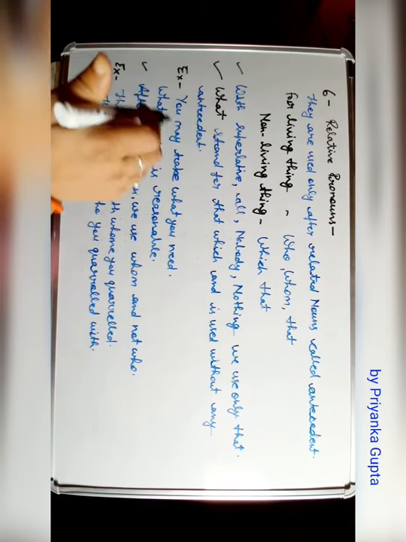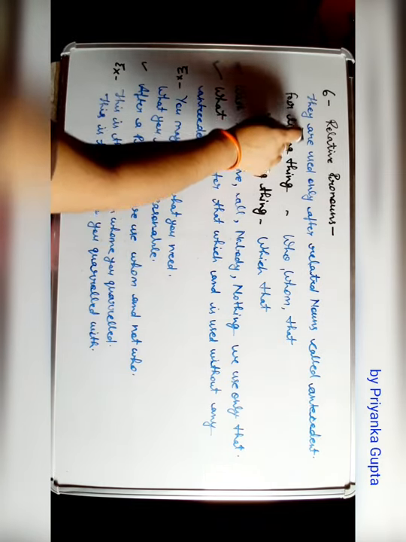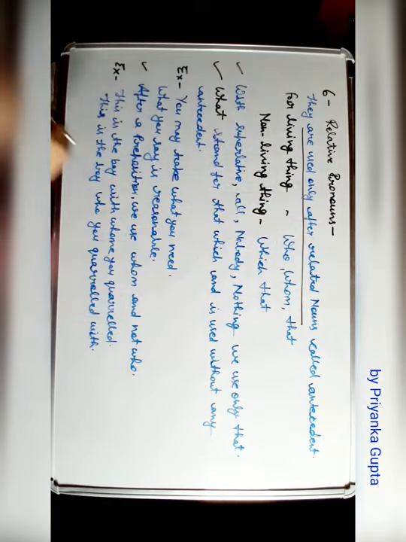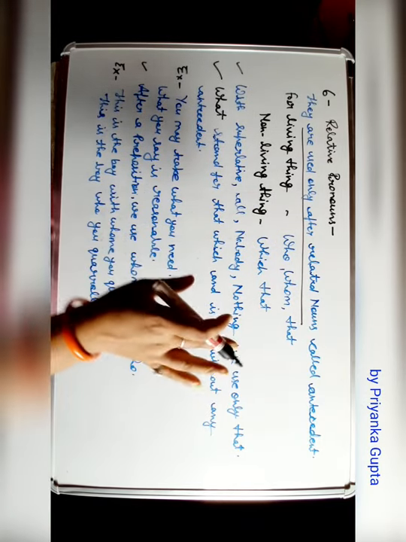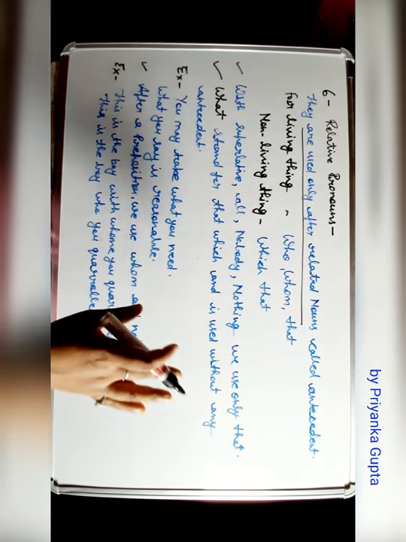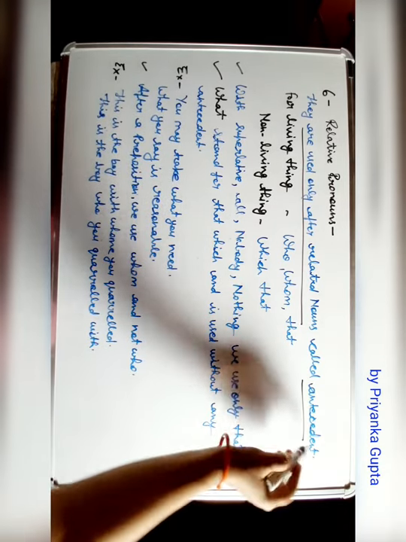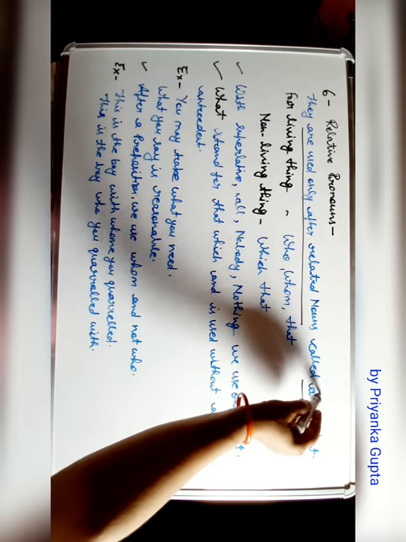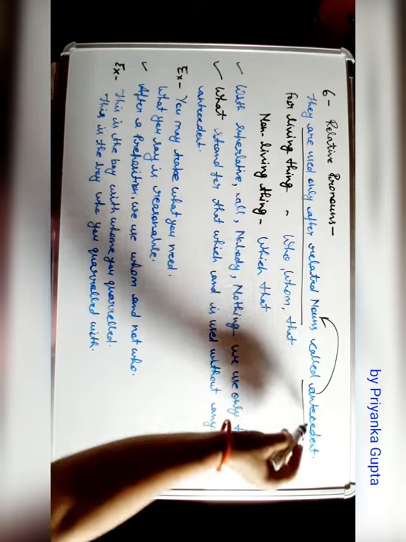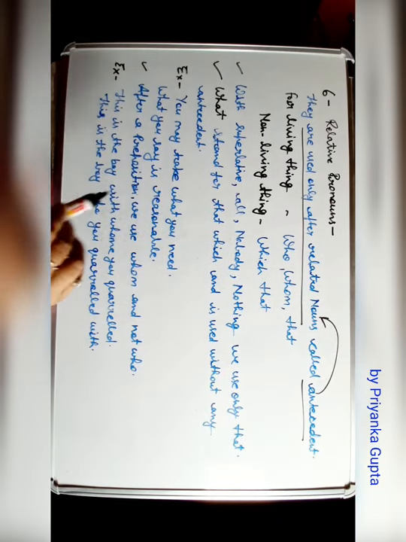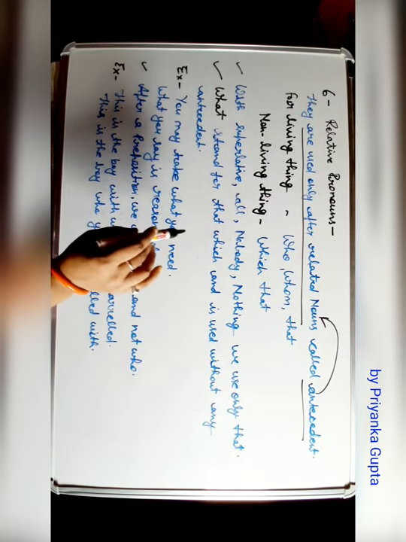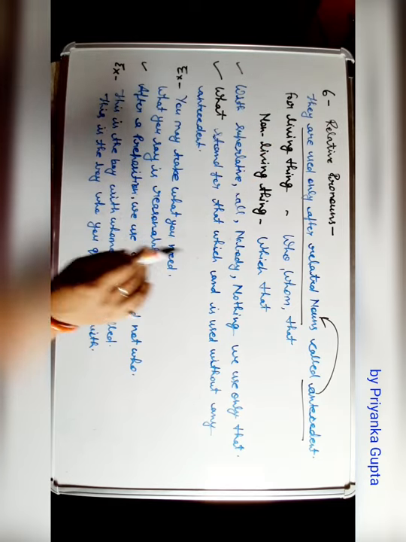So let's see what relative pronouns are. They are used only after related nouns, called antecedent. It means these nouns will be called antecedent, and after that your relative pronoun will be used.